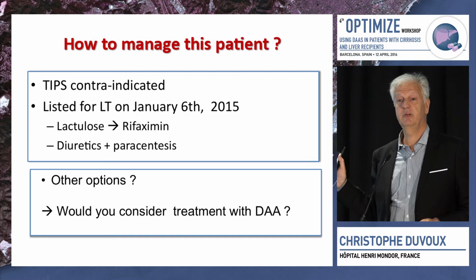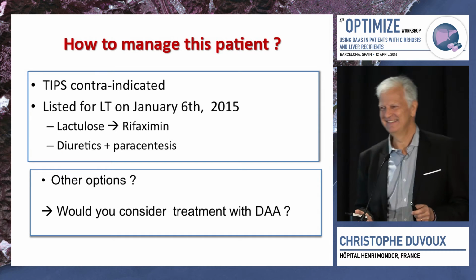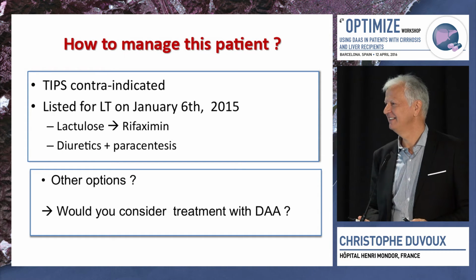Here, MELD 22. Probably lifelong. The question was about what was the median or mean MELD in your patients who were going to go to transplant. That was a good question. Another question? Same question.